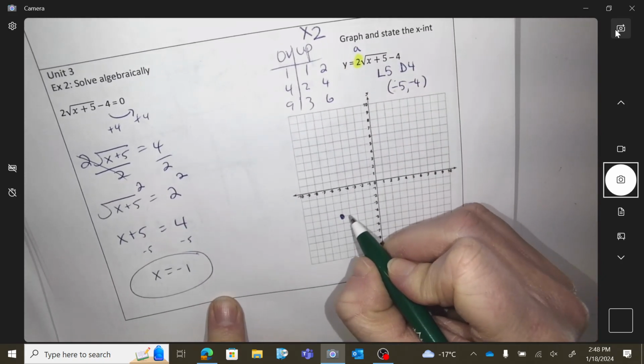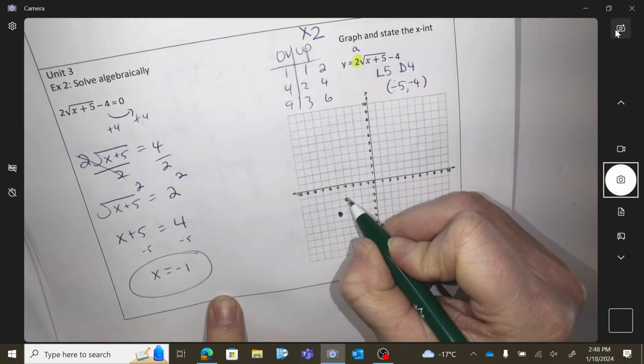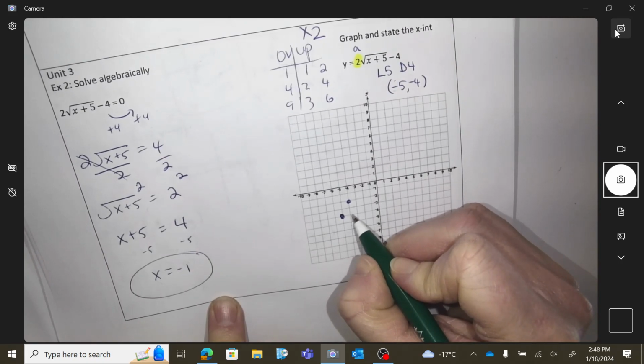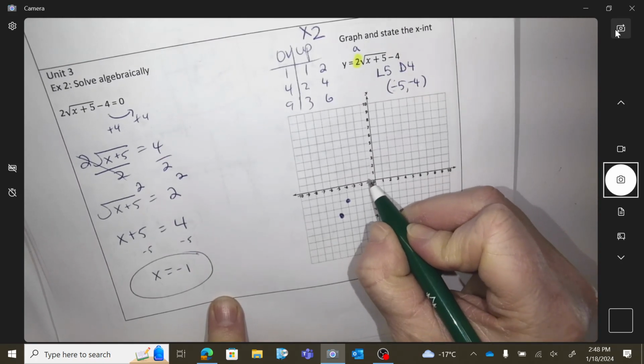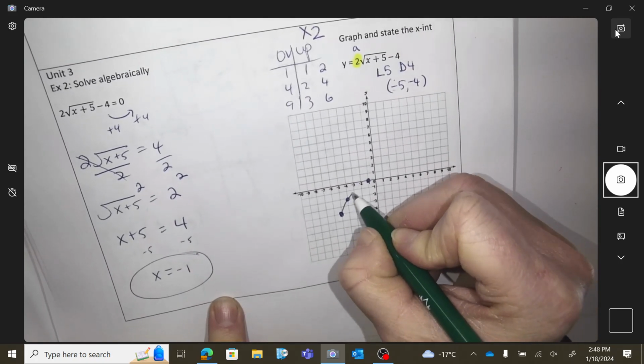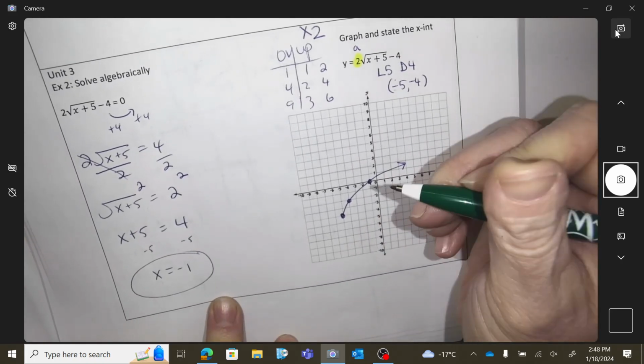So I'm going to go right 1 up 2. 1, 2, 3, 4, up 4. And guess what happened here?